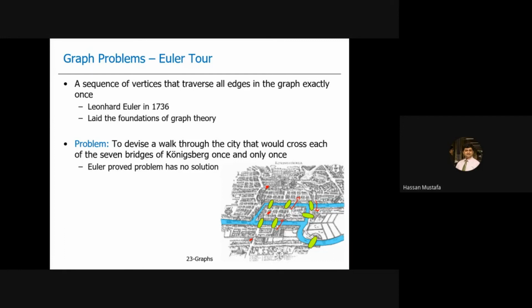But the way I have done this simulation, it essentially does not find this tour. So this tour means that we need to find a walk in any given graph where we can traverse all the edges without repeating, or in fact, we want to traverse all the vertices without repeating any edges. Okay, so that's the Euler tour.